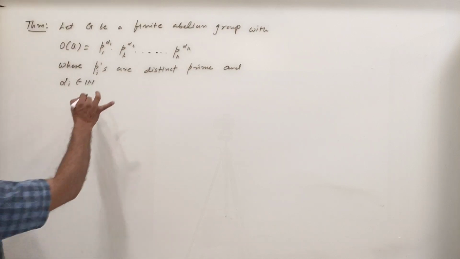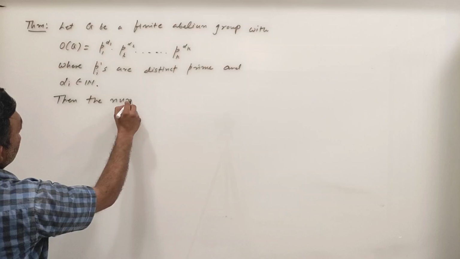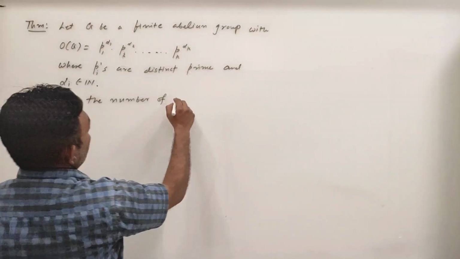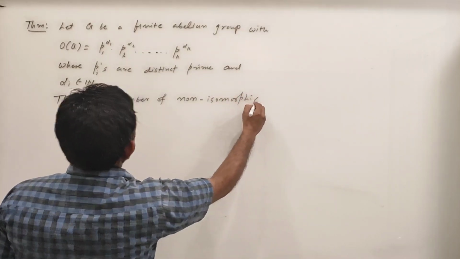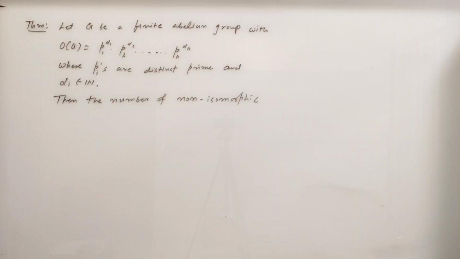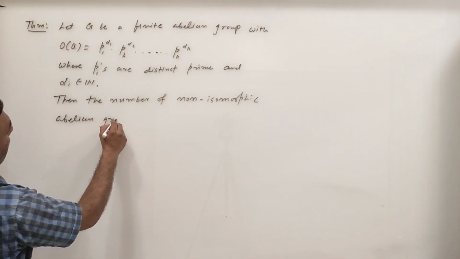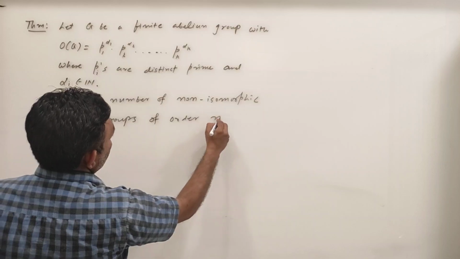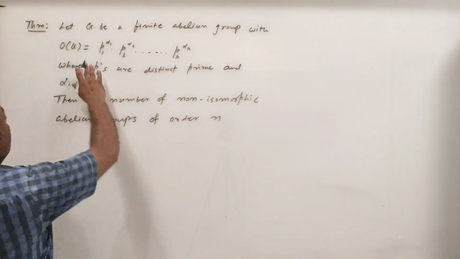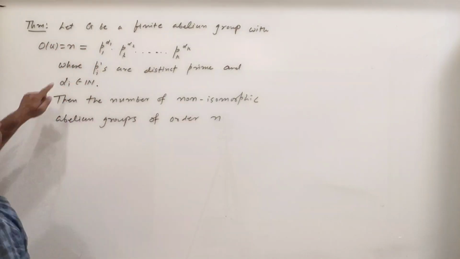Then the number of non-isomorphic abelian groups of order n, and what is n? N is the order of the group, written in this way.